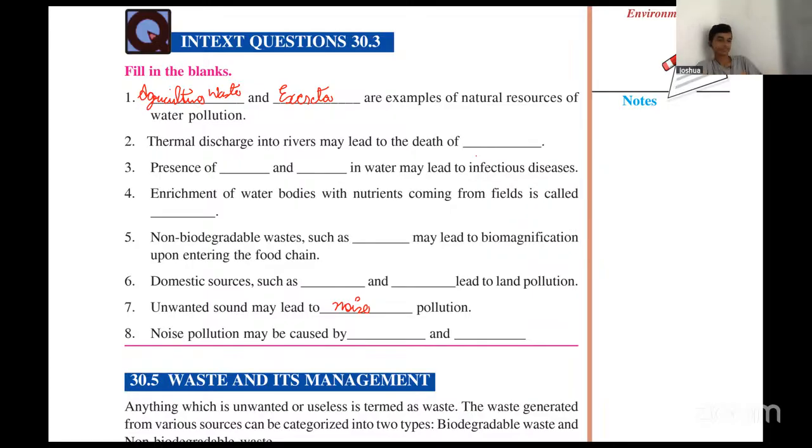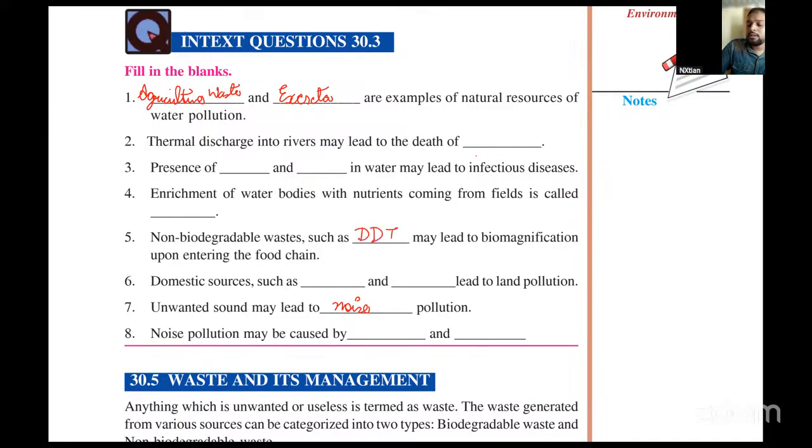Yes, sir. Only one of them. Non-biodegradable waste such as chemicals may lead to biomagnification in the entire food chain. Such as chemicals, or you can name the chemical also, DDT. We learned DDT.